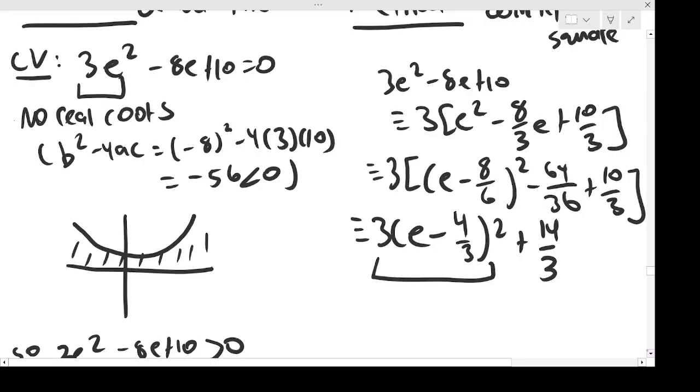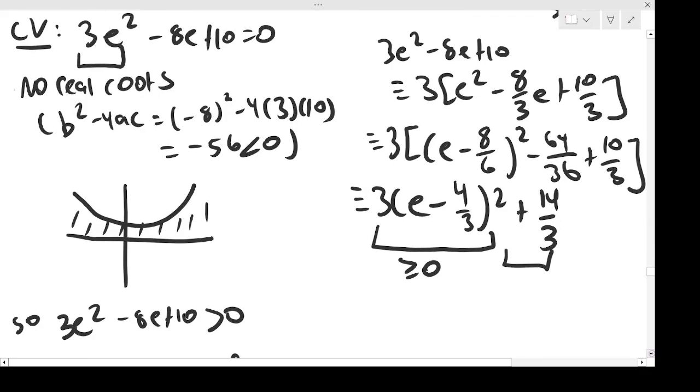Now, you can see that because we've got a square number here, that's always going to be at least 0, for any value of e. But we're also adding a positive number, so we're adding two positive numbers and we get a positive result. So that means it's also greater than 0.